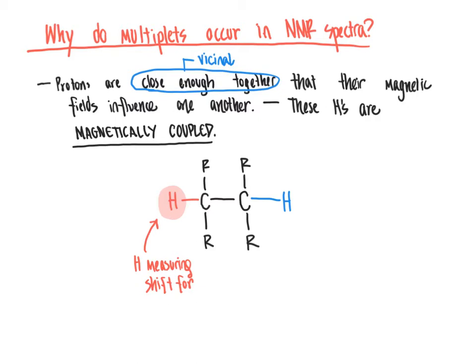What is then going to influence the multiplicity pattern or the splitting pattern of this particular proton is the more subtle effects that result from the magnetic field of this blue proton on the adjacent carbon impacting the exact magnetic field that this particular red proton experiences. So we are measuring the NMR chemical shift for the red proton, but the pattern that it creates is going to be impacted by this vicinal hydrogen, the hydrogen on the adjacent carbon shown in blue.